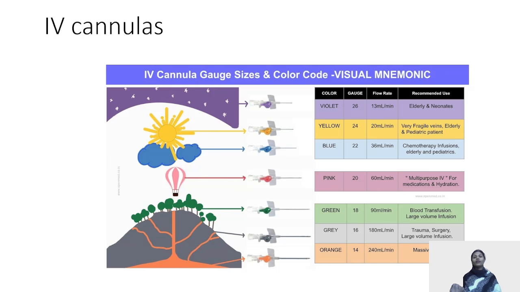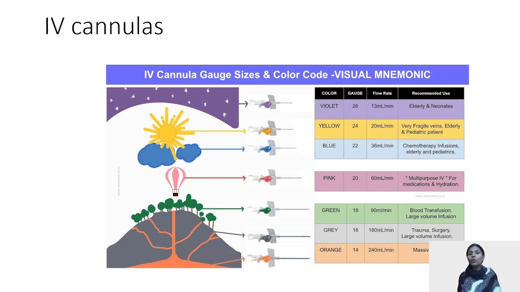The flow rate will go on increasing, but the use of yellow is again in very frail patients or in pediatric patients. Blue, you have 22 gauge, 36 ml per minute. You can say 30 ml per minute, then 30, 60, 90, 180 and 240, depending upon which color we are talking about. See, these are the colors that you all have to remember.